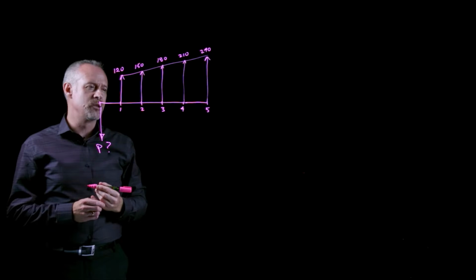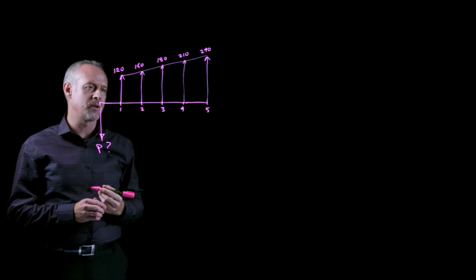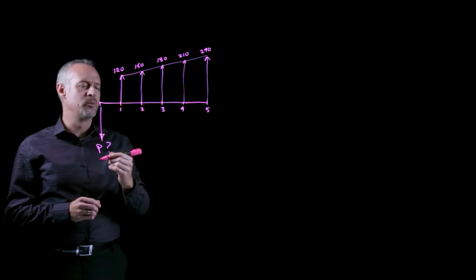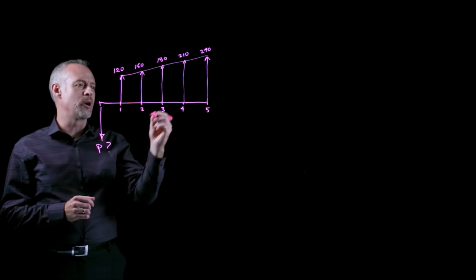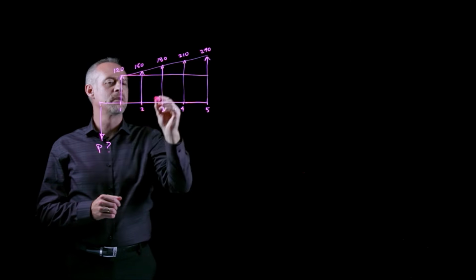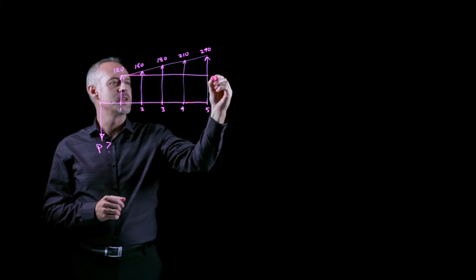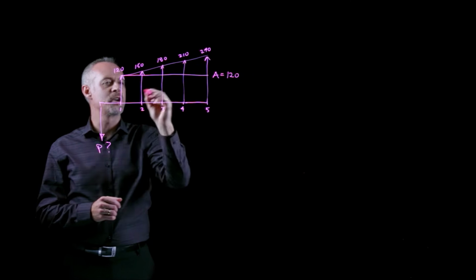So the first thing I'd like to do is help you to identify the patterns that are useful for engineering economics calculations. And this problem, we should immediately recognize, can be broken into 2 parts. I have one part that would be the constant payments of $120.